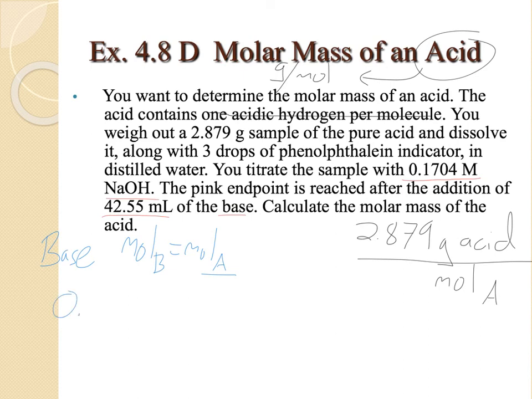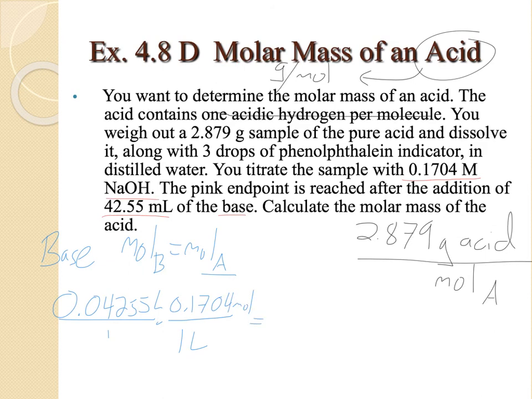So our base is going to be 0.04255 liters. Now that has to be in liters because we're trying to get to the moles, and every 1 liter is 0.1704 moles.